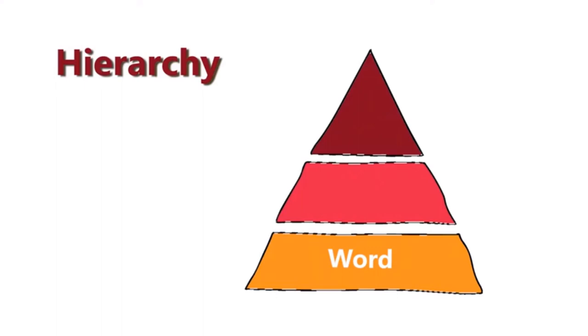So you see that there is this hierarchy. First, there is a word, then the words become part of the sentence. But before becoming part of the sentence, it may become part of the unit. And that unit will be part of the sentence.